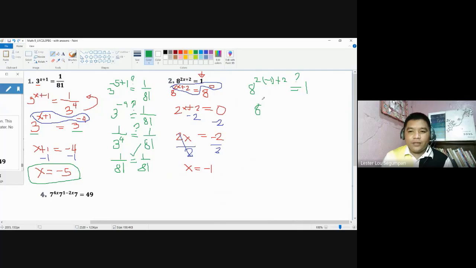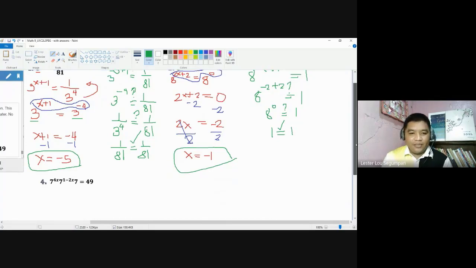The exponent here will become negative 2 plus 2, still question mark, equal to 1. Negative 2 plus 2 is 0. So you have 8 to the power of 0. Is it equal to 1? Again, an expression, number, variable, constant, raised to 0 will always be equal to 1. And then check mark, 1. This means that the answer for number 2 is also correct.